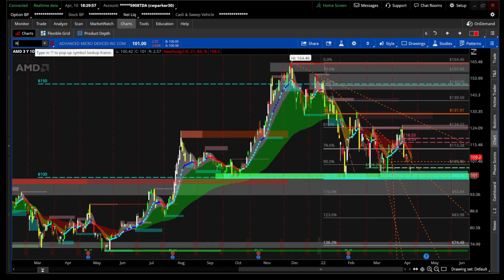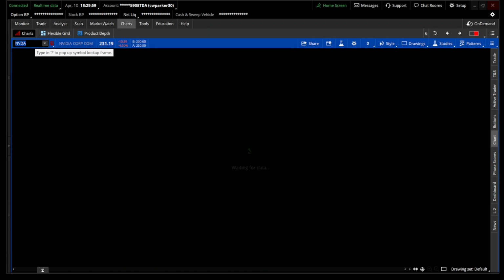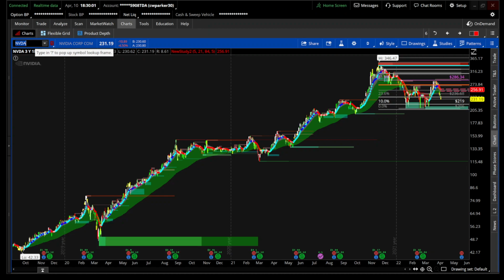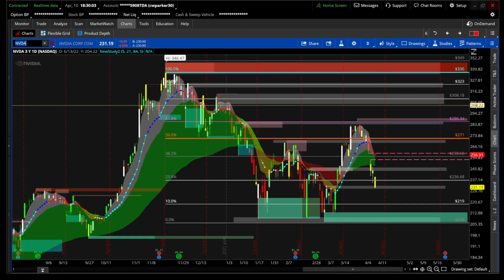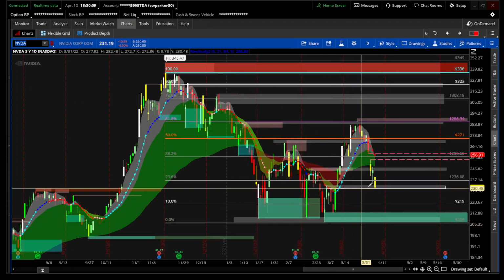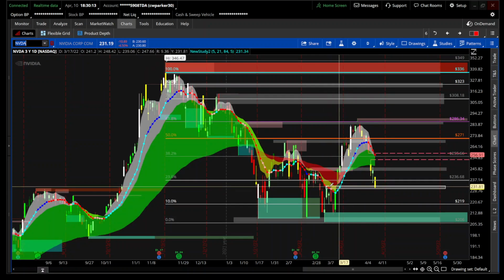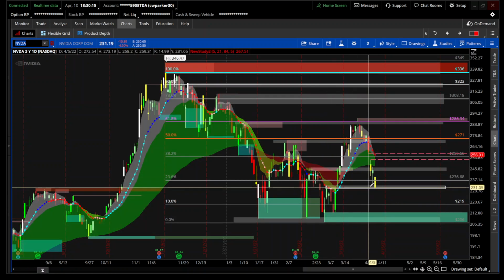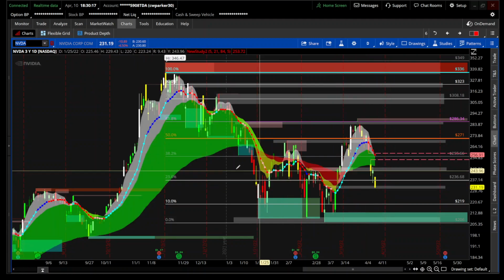Another tech one, NVIDIA. I haven't looked at this one, but I already drew this area of demand down here and it's actually in this area of demand that I drew from over here, which was resistance but became demand. It's becoming demand now.